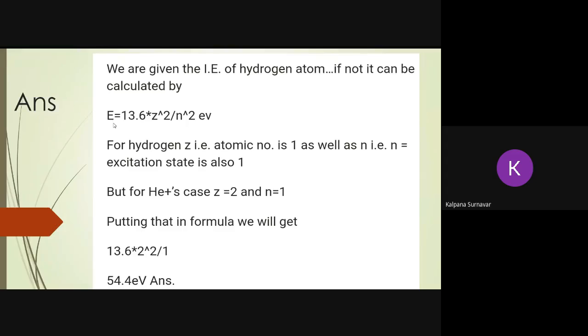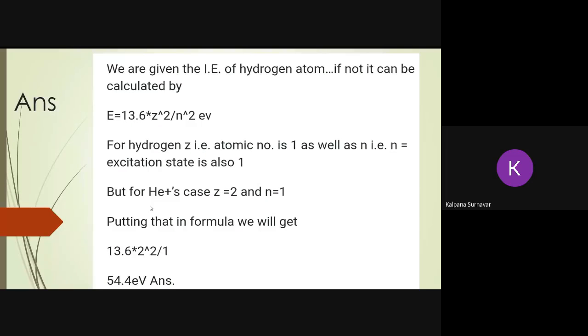See, here is the equation to calculate the energy. Energy is equal to 13.6 into Z raised to 2 divided by N raised to 2, and this energy is calculated in electron volt. For hydrogen atom, Z is 1 and N is obviously 1.